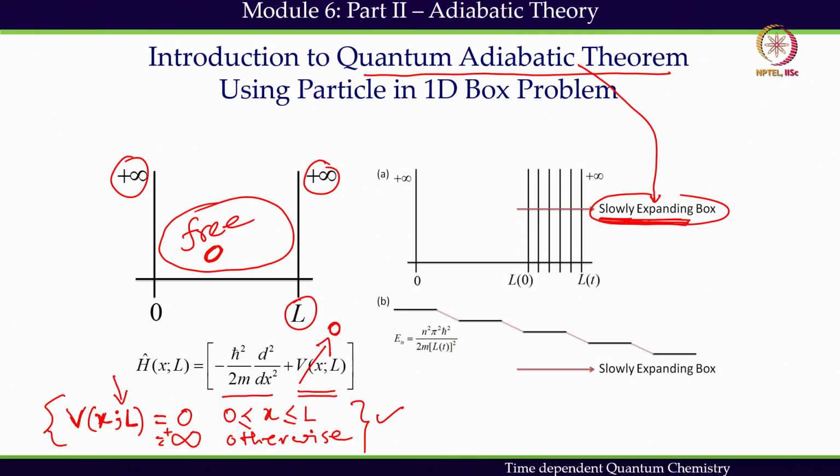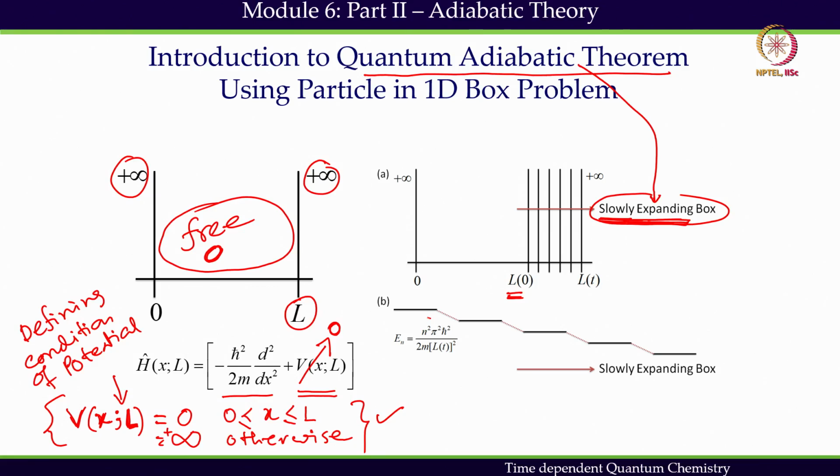As a result, the defining condition of the potential, which L is controlling, is also changing, because if L is changing, the dimension of the box is changing. So the behavior of the potential is also changing slowly, of course.